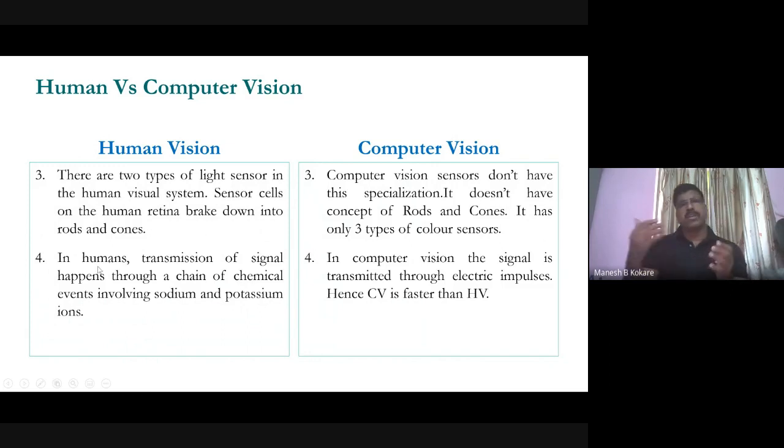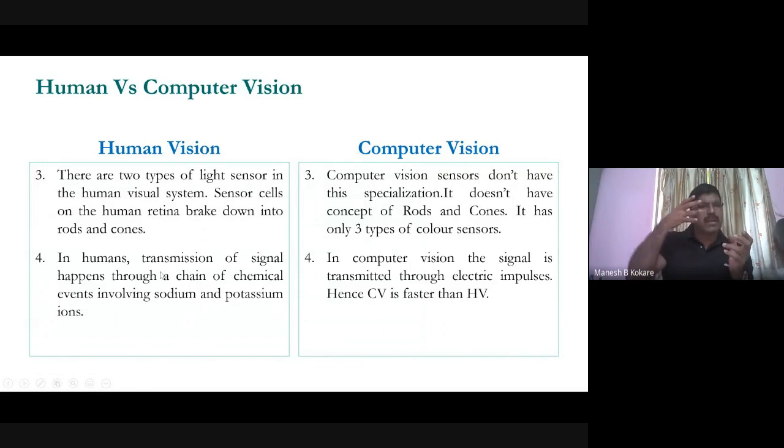Now the fourth difference: how information is passed from the retina to the brain in the human vision system, and how information is passed in computer vision. Let's talk about the human vision system first.